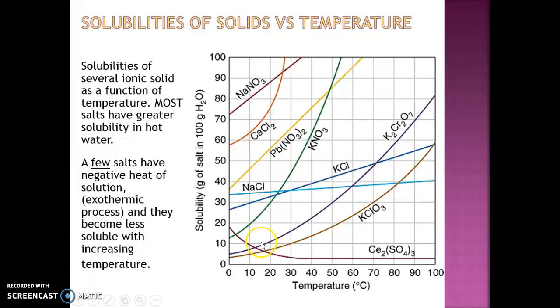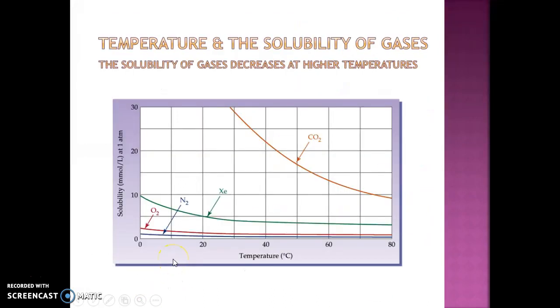And occasionally you have a salt with a negative heat of solution so that it becomes less soluble as the temperature goes up. But that, again, not very often. Gases are exactly opposite. As you increase the temperature, the solubility actually decreases. So there you see the downward curves.